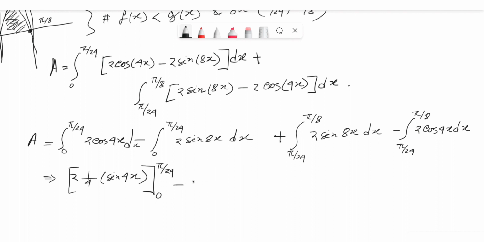Minus this part: 2 is a constant, so 2 will come out, and this will be minus 1 by 8, because this is sin 8x dx. Integration of sin x gives us minus cos x, right? That's why the minus is here. So this will be 1 by 8 cos 8x, enclosed with limits 0 to pi by 24.